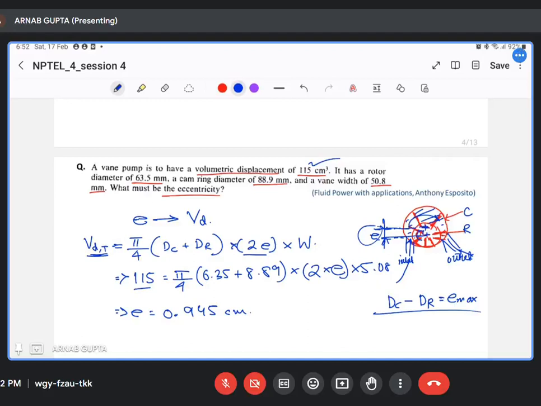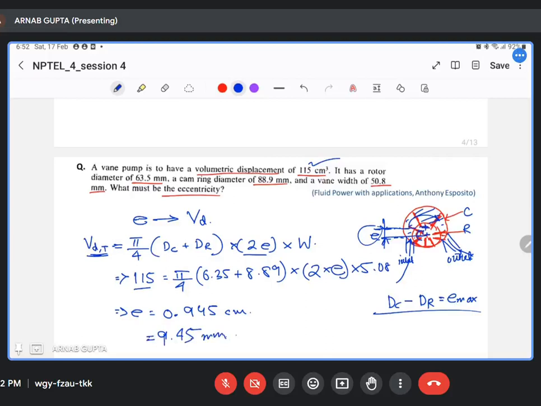We get 121.60. Yeah, this is correct. So in millimeter, it will be 9.45 mm.